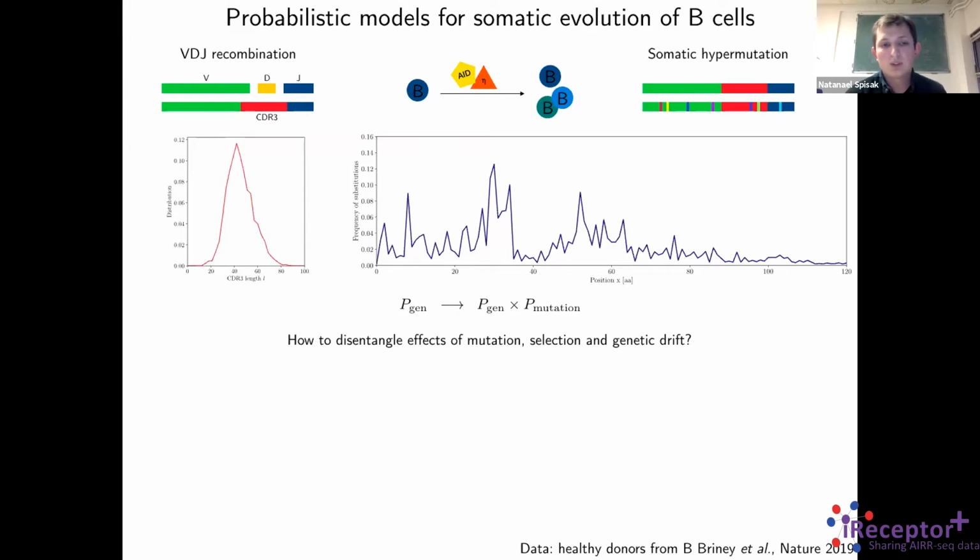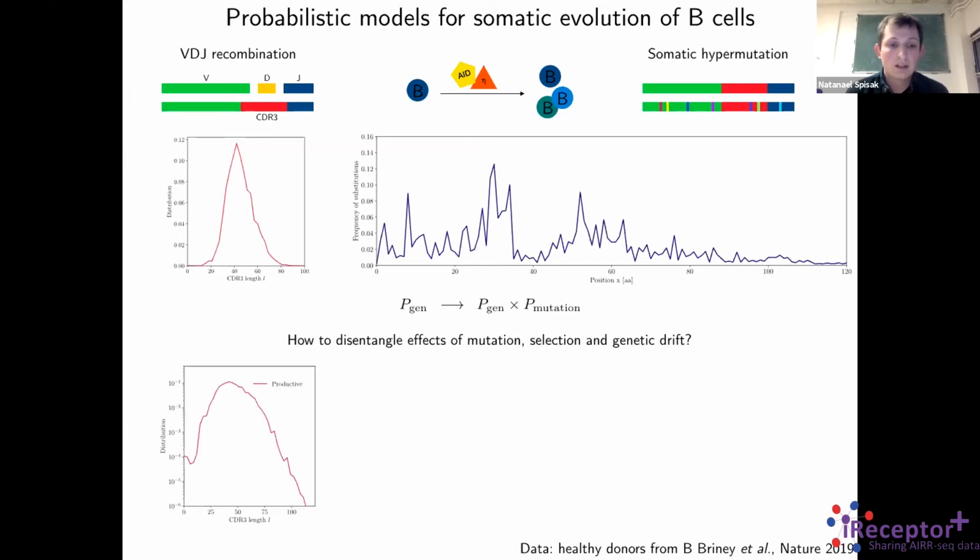But the profile that you see here, which is the frequency of substitutions along amino acid positions in the immunoglobulin coding gene, is not just an effect of the inherent biases of the mutation machinery, but also shaped by subsequent selection and genetic drift. And to model the mutation properties themselves, we need to disentangle the two.